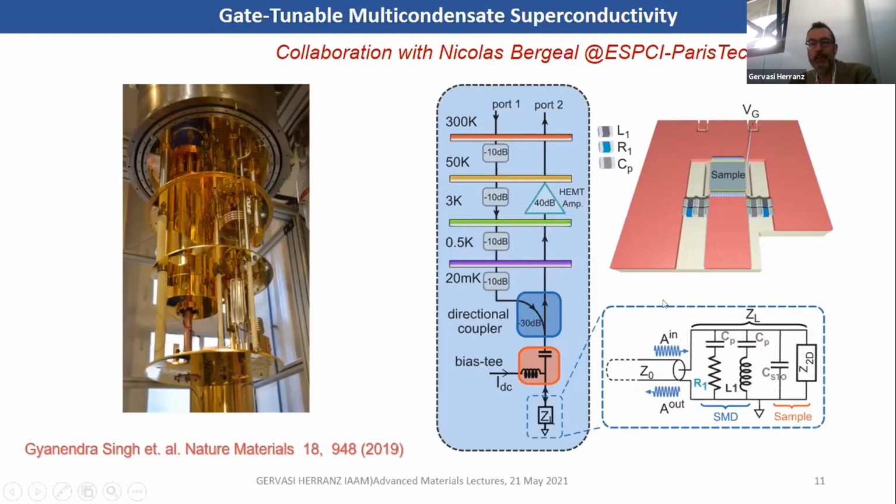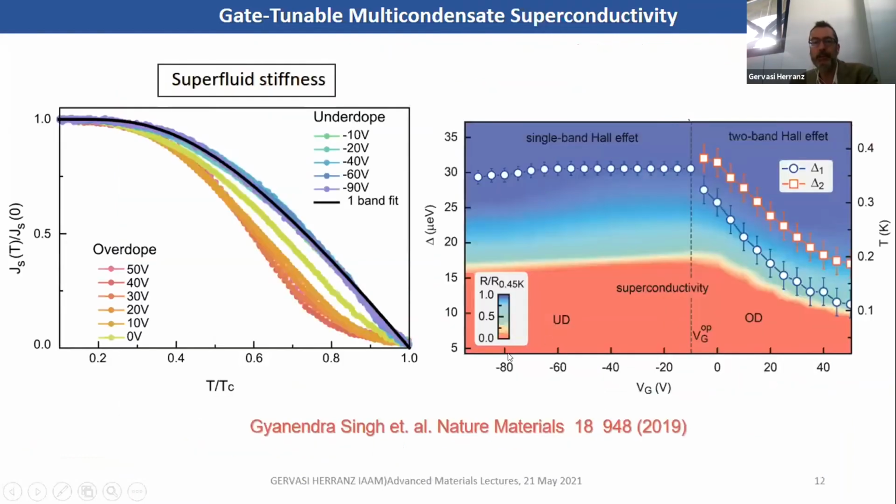And this was interesting because what we observe, again, as a function of the electrostatic gating, is that there is a region that we call underdoped that can be described with a single band BCS theory, which is basically all curves can collapse into a single one.